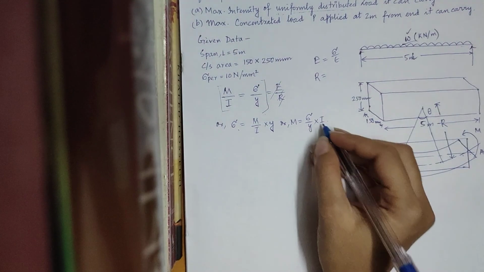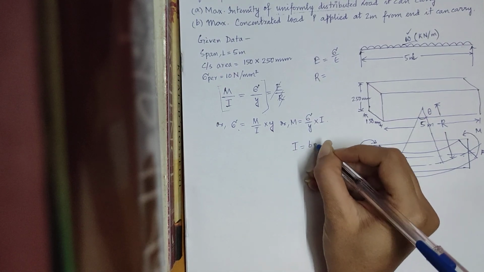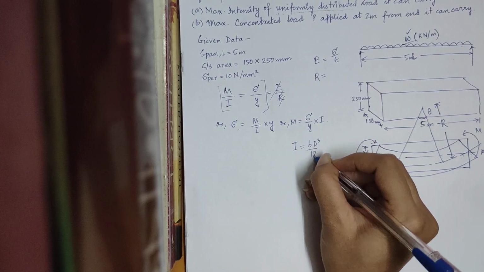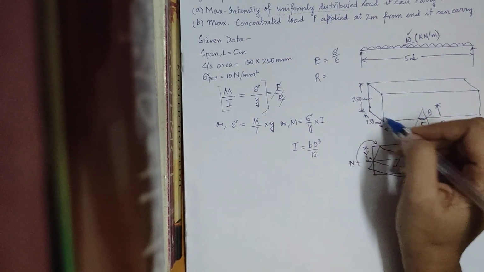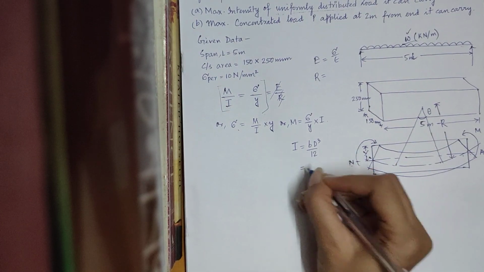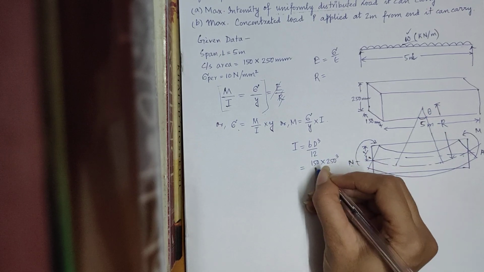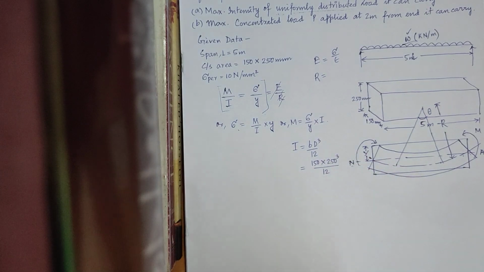Now let us first calculate I, which is equal to BD cube by 12 for a rectangular section. The beam has a rectangular cross section, and the moment of inertia for this rectangular section is BD cube by 12, where B is 150 into 250 cube divided by 12. What is y?